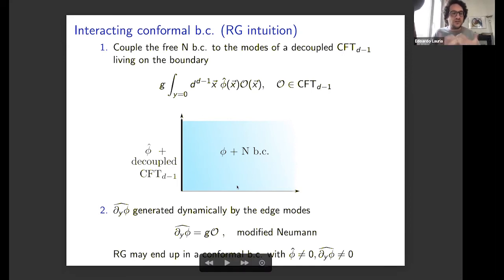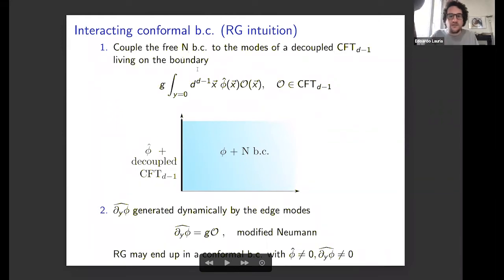So the natural thing to do, if you want to construct interacting conformal boundary conditions, is to start with a free conformal boundary condition and couple it to some additional degrees of freedom that are initially decoupled and live on the boundary.